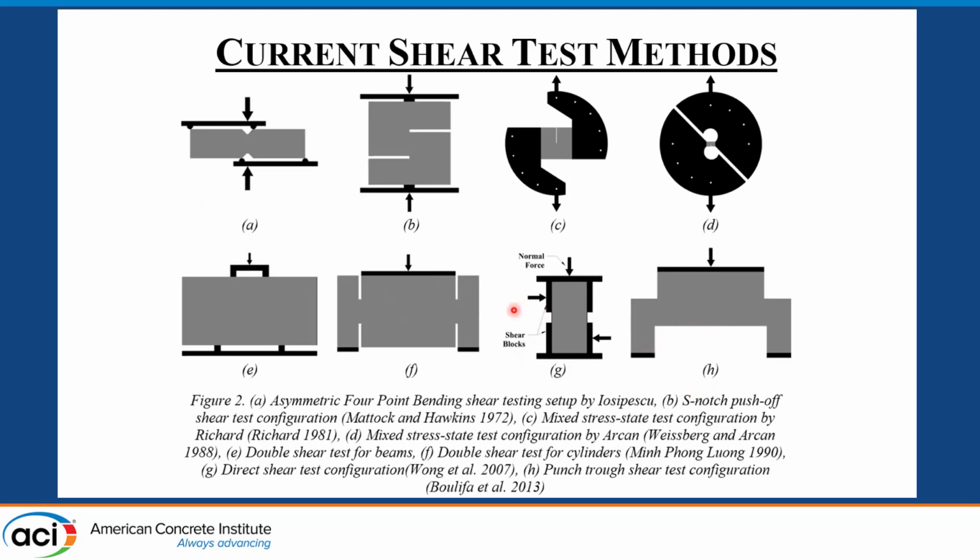Now, the problem with almost all of these test methodologies, except Iosipescu, the first one, is that the specimen fails in diagonal tension and not in shear. So that's a bit of an argument there: is that really shear, or is that just bending or tensile failure?